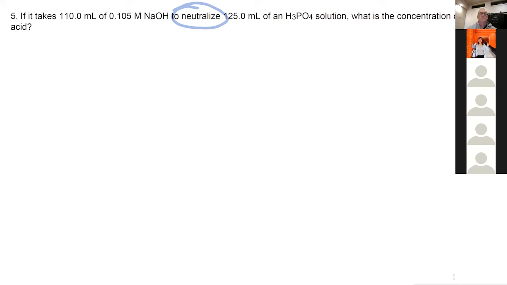Water and a salt, right. So which one is our acid and which one is our base? NaOH is a base, a strong base. So that's our base. And what's our acid?